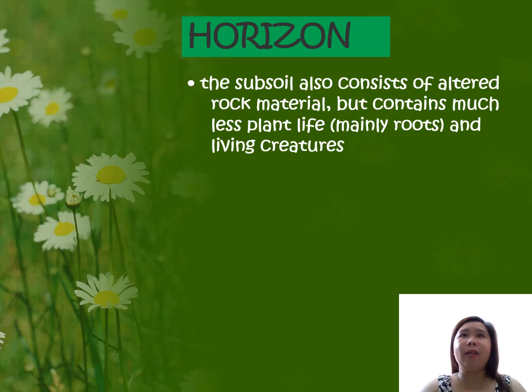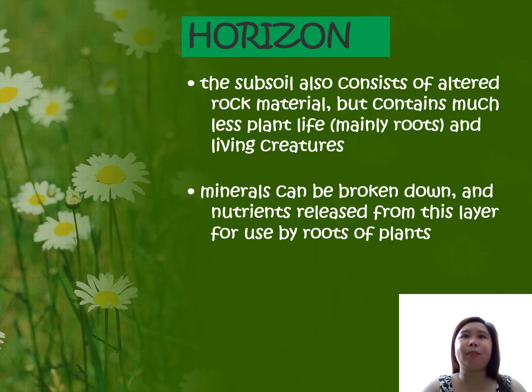while the subsoil, this horizon, consists of altered rock material, but contains much less plant life, mainly the roots and living creatures, compared to the A horizon. Minerals can be broken down and nutrients released from this layer for use by roots of the plants.